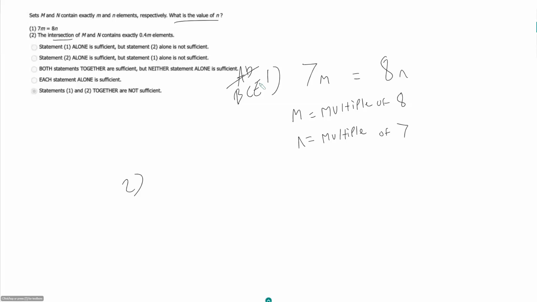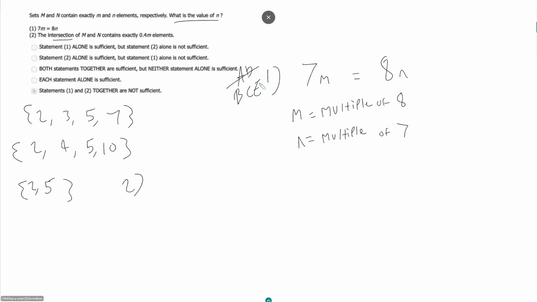I believe intersection means the set that contains all of the shared values of two sets. So if I had one set that was 2, 3, 5, and 7, and some other set that was 2, 4, 5, and 10, the intersection of these two sets would be just the set containing 2 and 5.